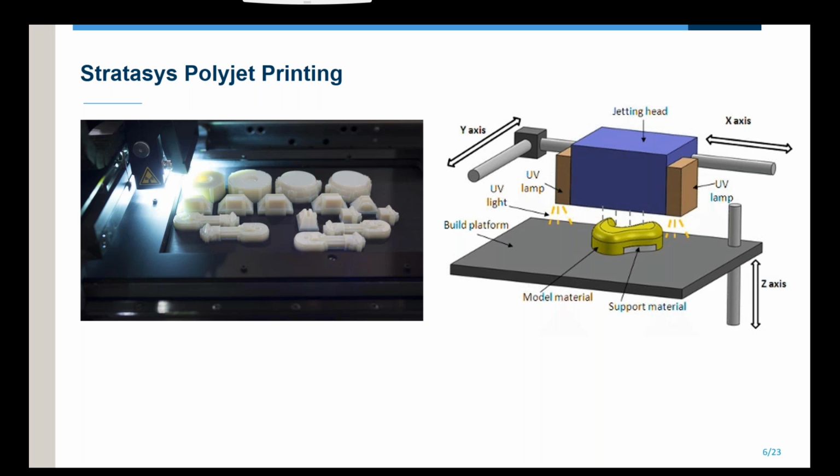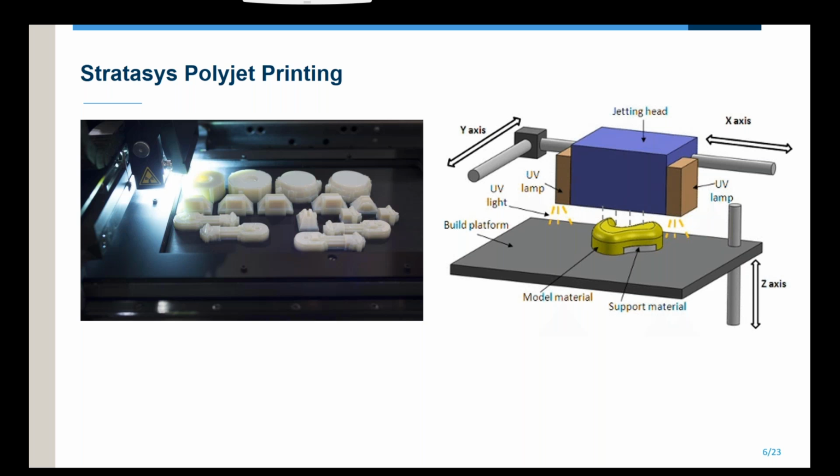On the right, this is what our printer looks like from the inside. Usually you don't open it during operation, but we did it for photographing the machine at work. So essentially the jetting head moves along the x-axis and if the printed part is larger than the print head, then it also moves along the y-axis to allow for another layer of the same height.